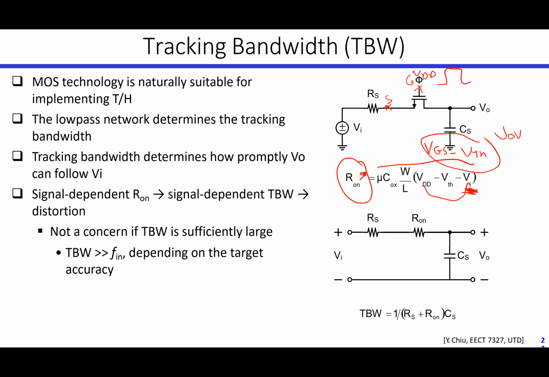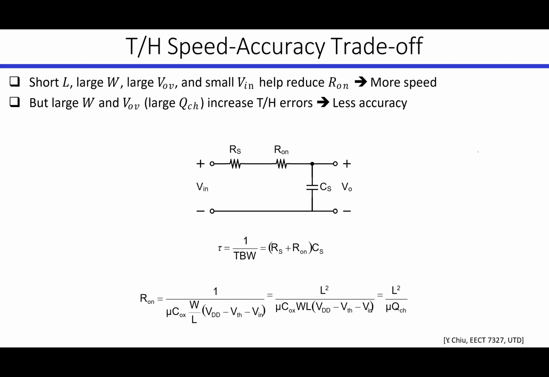Okay, so now how can we select a higher bandwidth with a lower time constant? We can select shorter L, larger W, larger V overdrive, and smaller Vn. This will all decrease my on resistance of the switch.